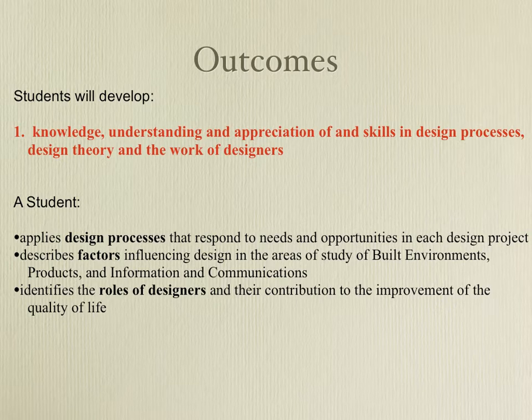Then we have the outcomes, and the outcomes are what will impact on what we actually teach. So the students must apply design processes, describe factors, identify the roles of designers. They are the things that we are asked to consider in our lessons.